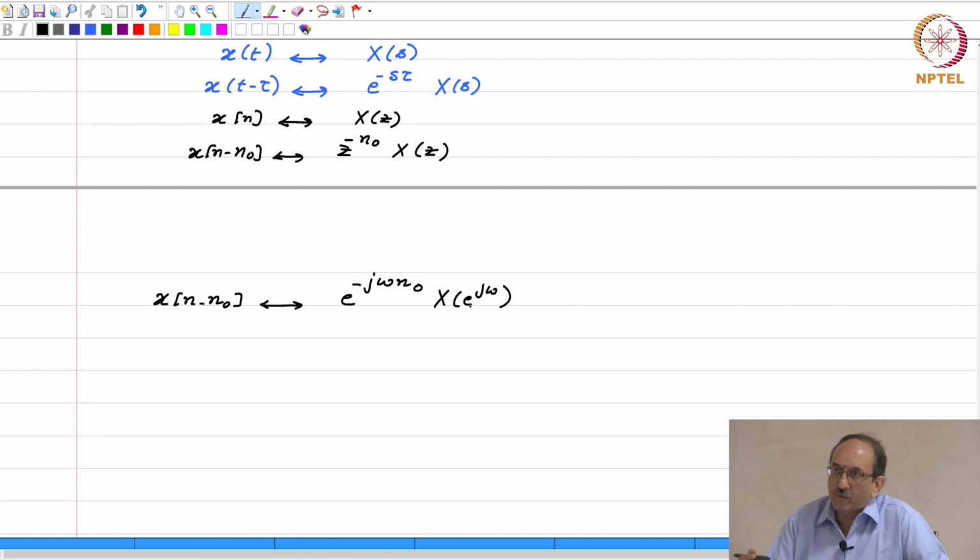There also the continuous time Fourier transform is a complex function of a real variable. There the real variable omega went from minus infinity to plus infinity. Now, if you look at this, you have some original transform X(e to the j omega), and then when you shift this, it is getting multiplied by e to the minus j omega n naught.